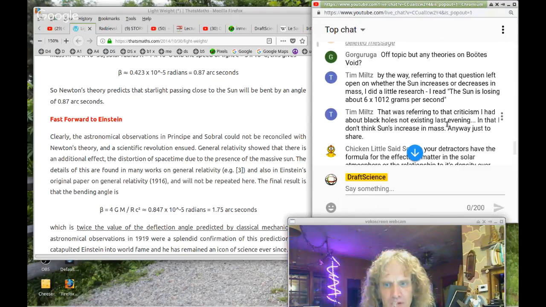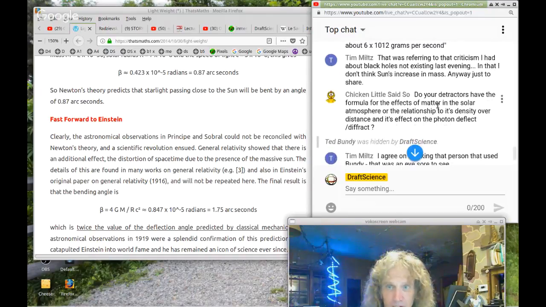That was referring to the criticism I had. Okay. I mean, black holes are a little different than a sun. Do your detractors have any formula for the effects of matter in a solar atmosphere? There's no point in talking about effects in a solar atmosphere because obviously those effects are going to be scattered even if the object is a cardboard box. The box will be sucked into some places and pushed out in other places.